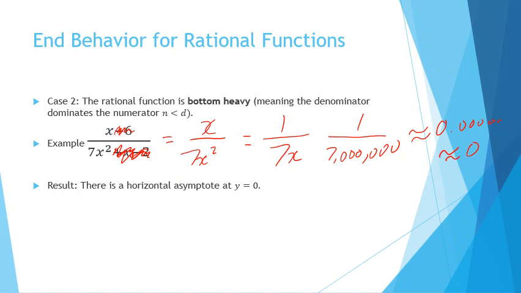And if we replace it with infinity, not even just 1,000,000 or 1,000,000,000 or a cajillion, it's going to get so close to 0 because any number over infinity is just 0. So remember, as a result, there's going to be a horizontal asymptote at y equals 0, and our two limit statements will go to 0 as x goes to positive or negative infinity.